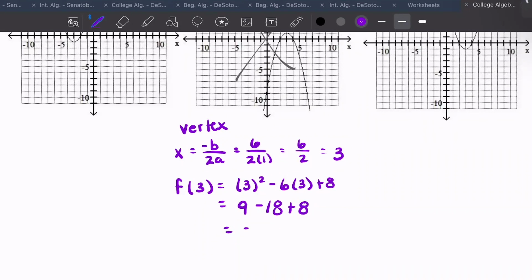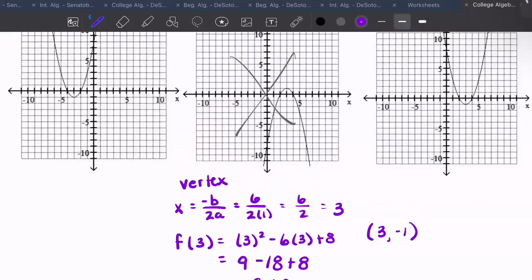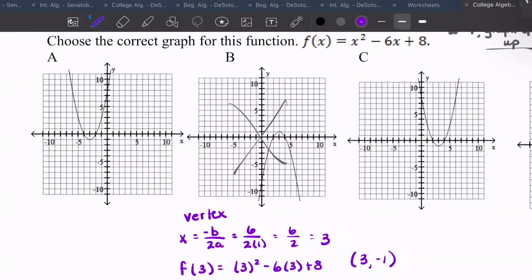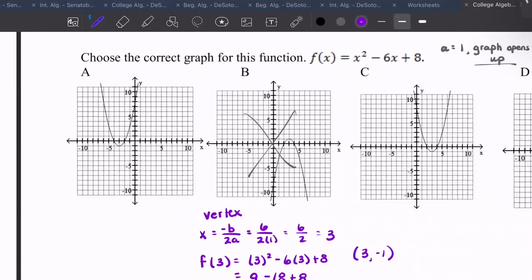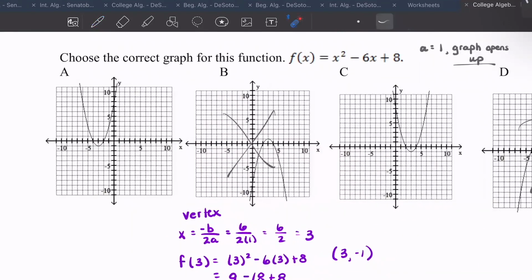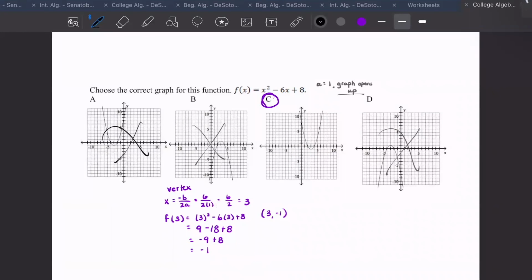So we get negative 9 plus 8. It's negative 1. So our vertex is 3 comma negative 1. So we have this one, 3 comma negative 1. This one is negative 3, negative 1, so it's not it. And we found it, right?